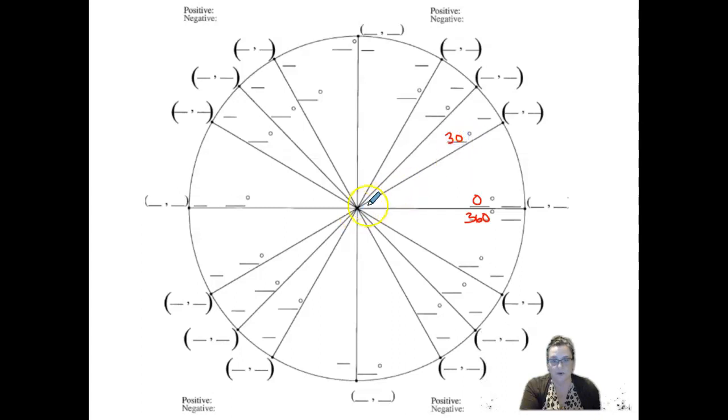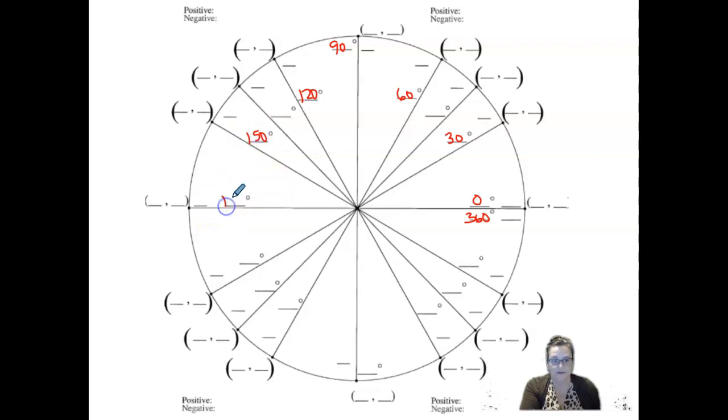And then that's 1 times 30. This is 2 times 30, which is 60. 3 times 30 is 90. 4 times 30 is 120. Then 5 times 30 is 150.